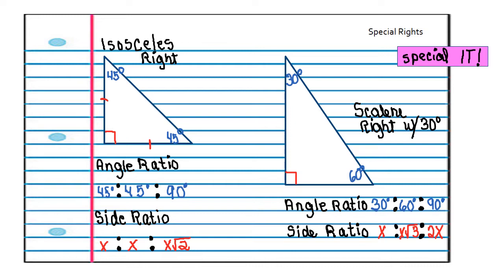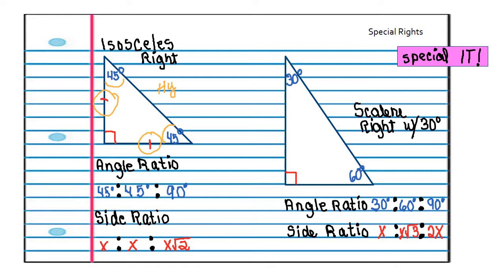There are 2 types of special right triangles. The first one's isosceles. Isosceles right triangle means that 2 of the sides are equal to each other. The 2 legs are the same value. And then we always have the hypotenuse over here. And the angle ratios are 45 and 45, because isosceles triangles have congruent base angles.